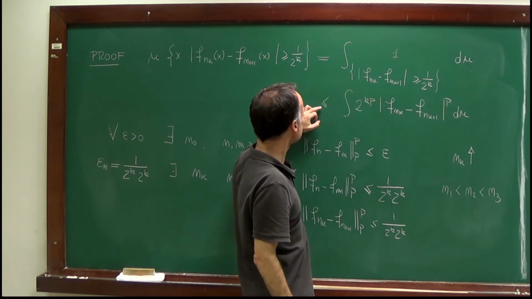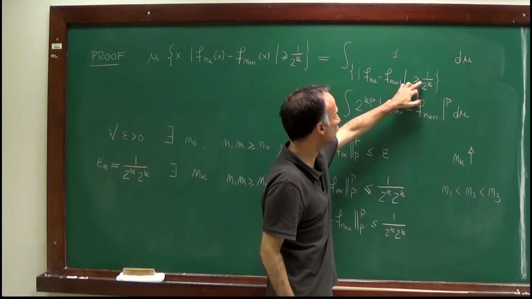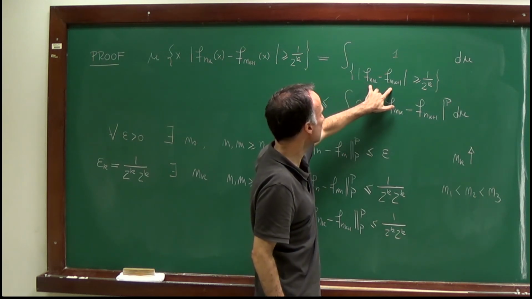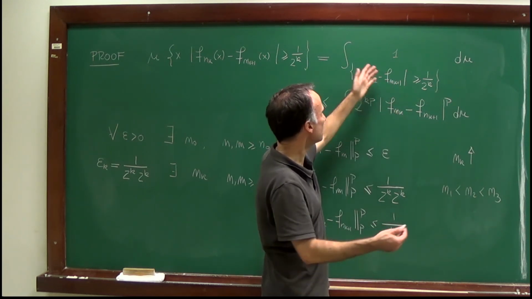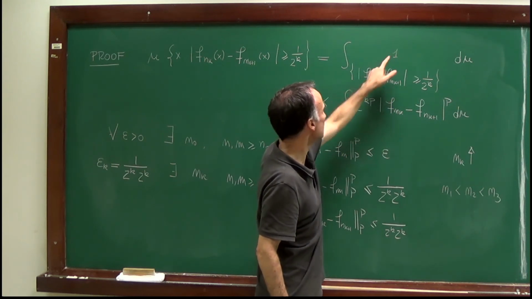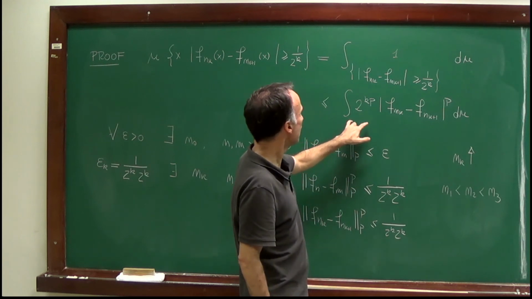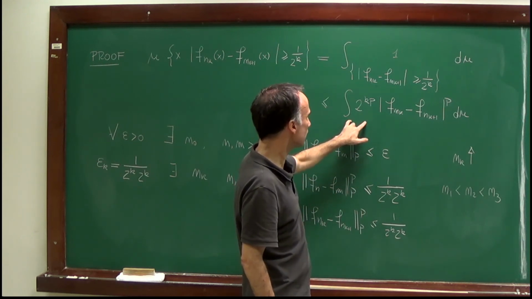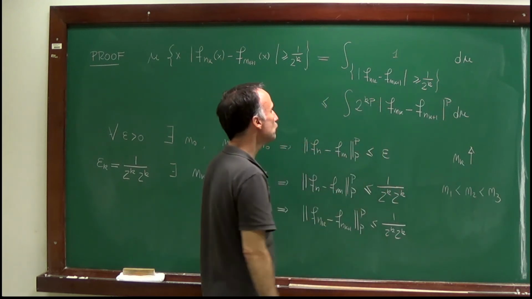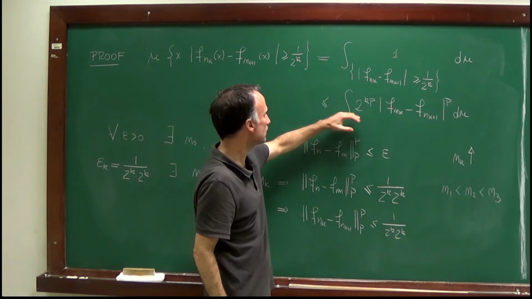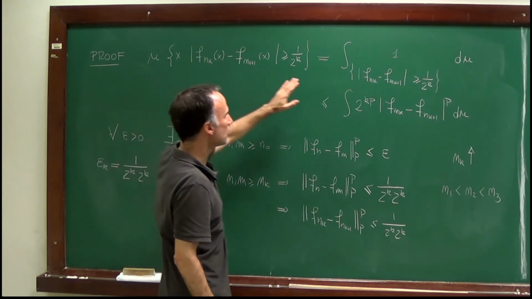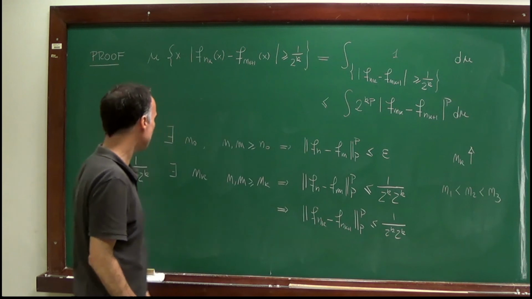This inequality follows just from the fact that 1 is bounded by 2 to the power k times this difference, so it's also bounded by this expression at the power p. I estimate 1 by this expression, and I'm still integrating over this set. But now, since this expression is positive, I can just remove the restriction to that set and get a new inequality for which this expression is bounded by that one.